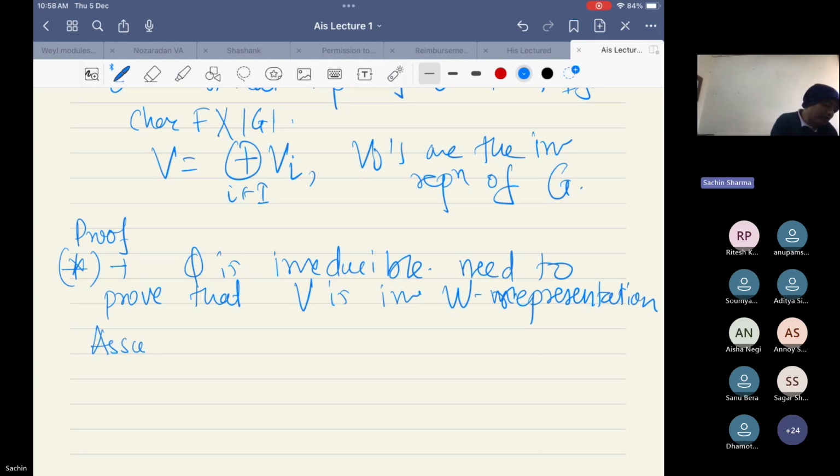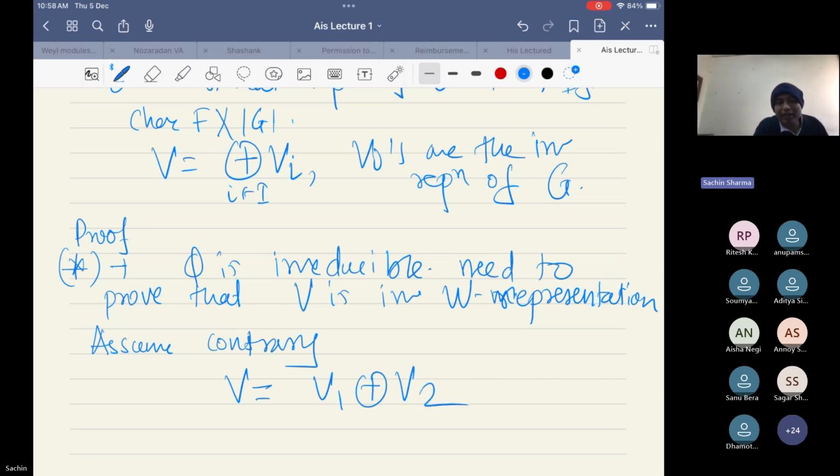Assume the contrary. Then V can be written as V1 direct sum V2, some representations that need not be irreducible.